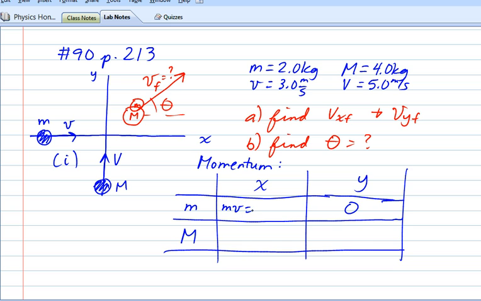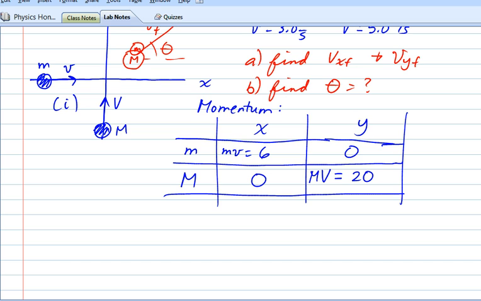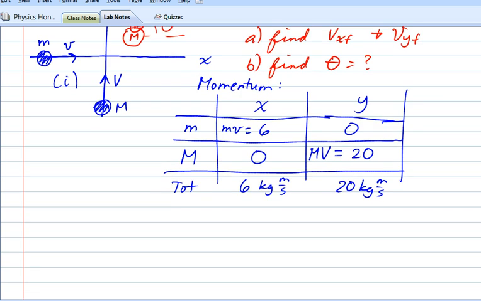That's going to be 2 times 3, or 6, and big M is not moving in the x direction. It has a y momentum of big M times big V, which is 20. So if we add up our totals, we're going to have 6 kilogram meters per second and 20 kilogram meters per second.